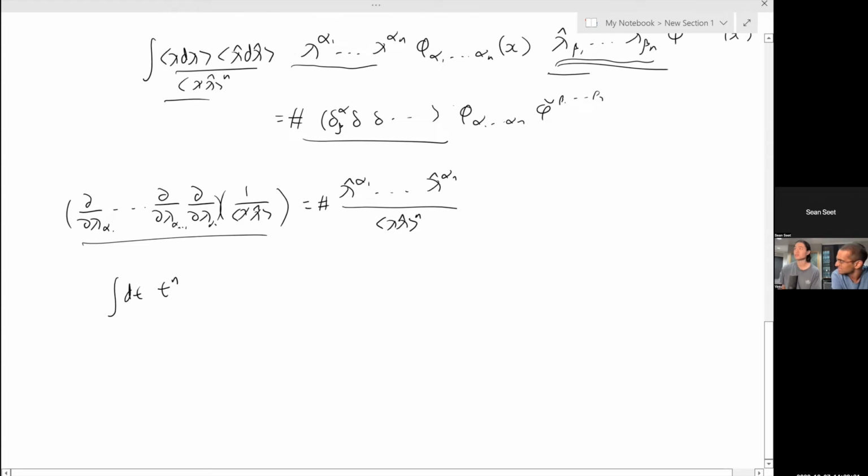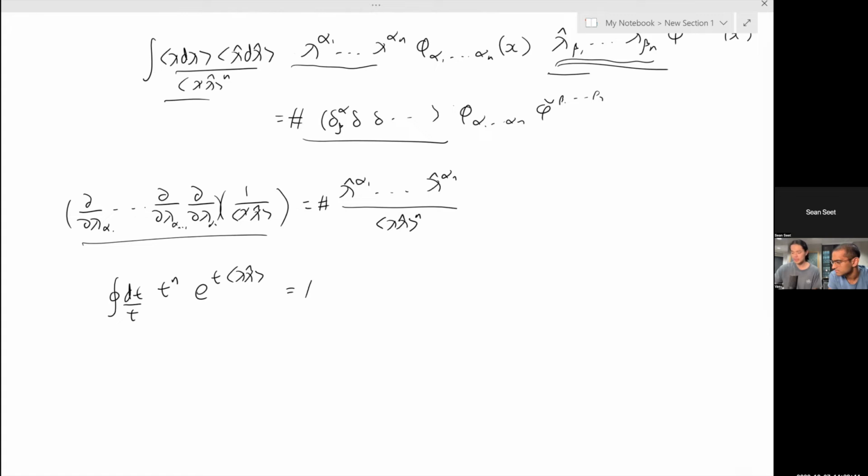I have to specify a contour, I suppose, but I'm going to be a bit lazy about it. Just some contour, dt over t. And then, of course, this thing is up to some number. I'm going to be a bit sloppy. The point is that with a scale invariant contour, you can rescale the t to pull out the factors of lambda hat.